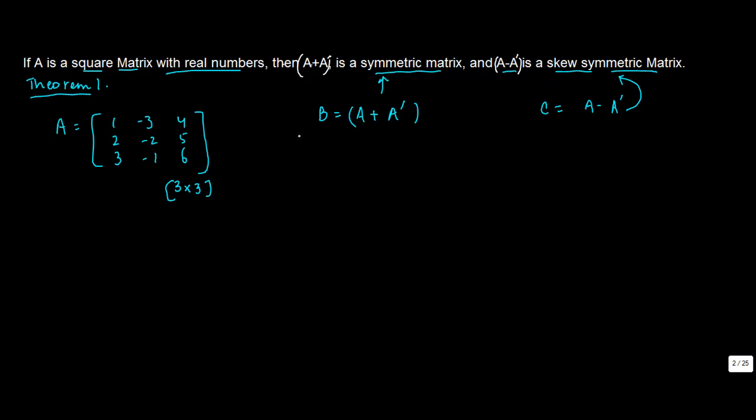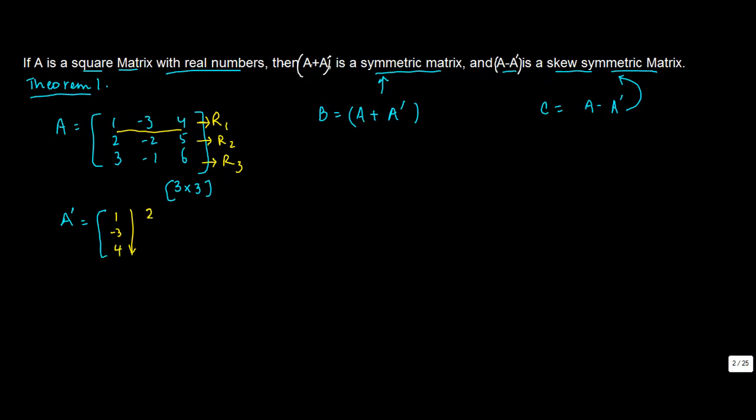Now before we do anything, let's find out the value of transpose of A. As we've been discussing, how do you get the transpose of a matrix? These are the rows of A. To get transpose of A, we simply convert the rows into columns. So you've got 1, -3, 4.